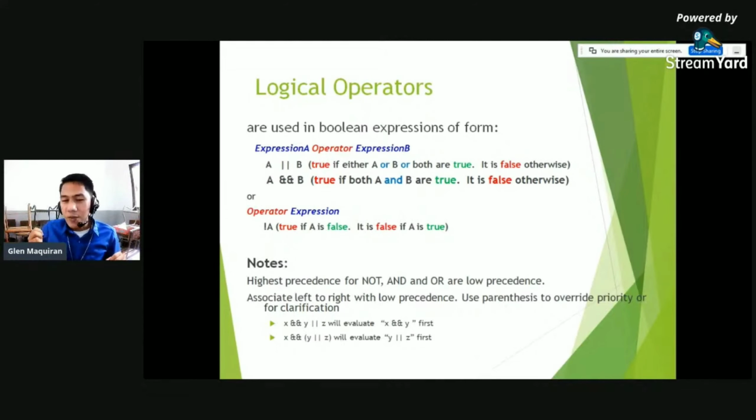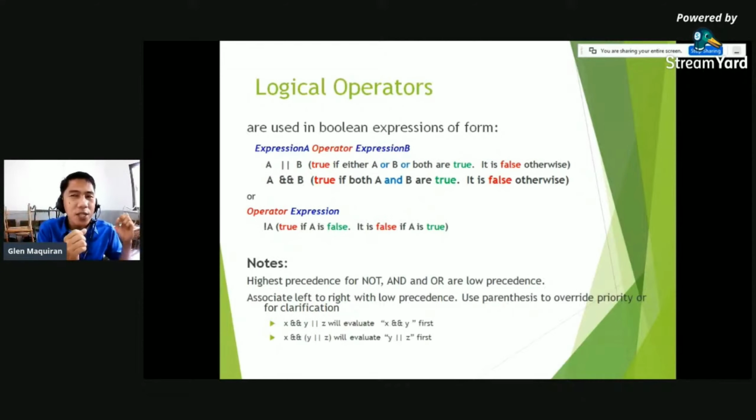Okay, let's get an example. Sample po natin: X, Y, at saka Z. Ito naman is flower, chocolate, at kotse. Mauuna niyang ma-read yung flower and chocolate.